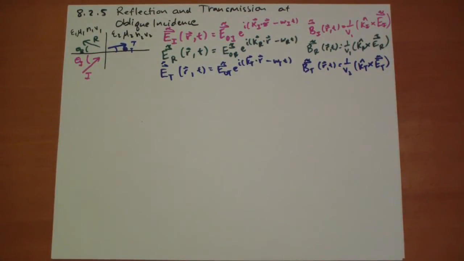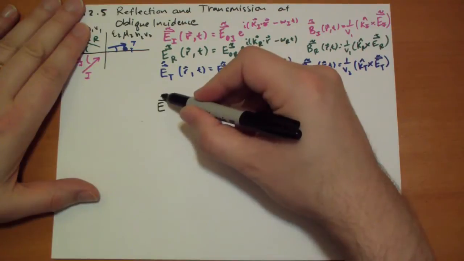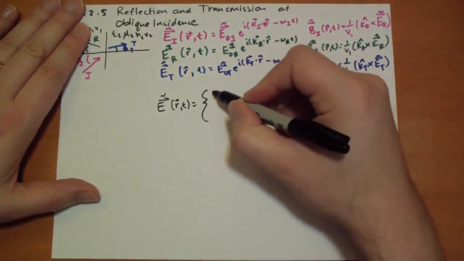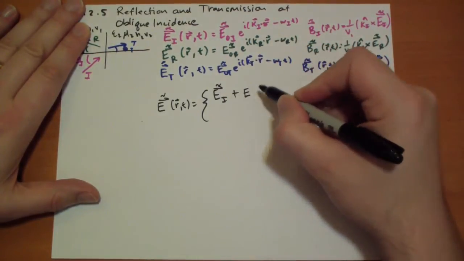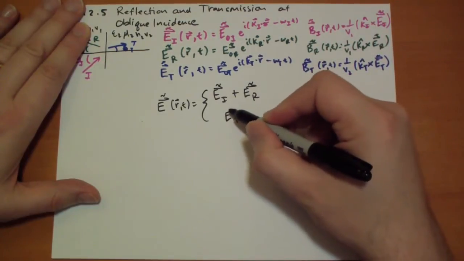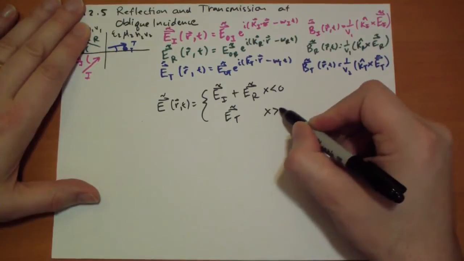And the total E field is just the incident plus the reflected for x less than 0, and it's the transmitted for x greater than 0.